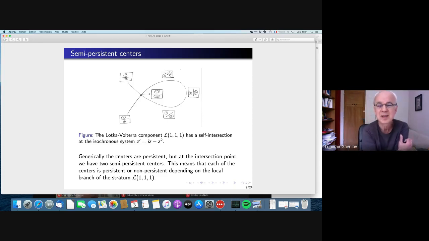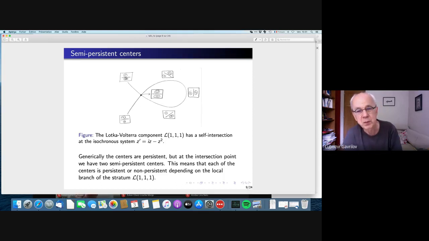You see in the self-intersection point, you have two centers, because in fact generically you have only one center, but when you arrive at the intersection, you have one center plus one center for each local component. We have locally two irreducible components, but globally we have only one irreducible component.